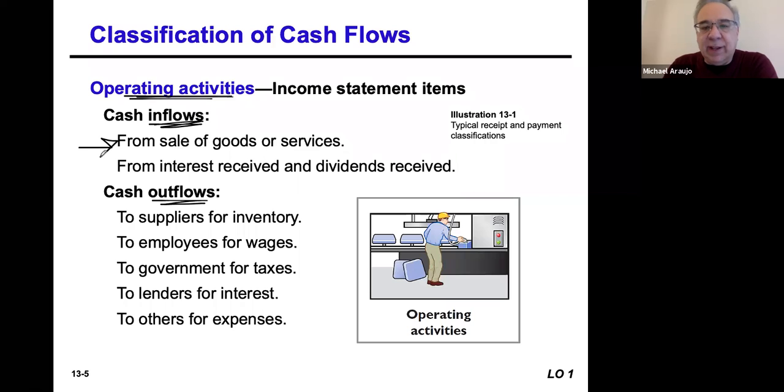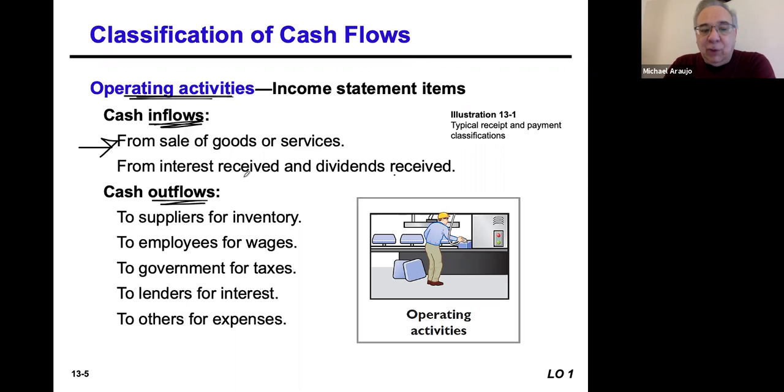Overwhelmingly, it's from selling your products or providing services and collecting cash from your customers. That's the biggest part of cash flow from operating activities; that's how companies get most of their cash. However, companies can receive interest, and they can also receive dividends, and that is also part of cash coming in.